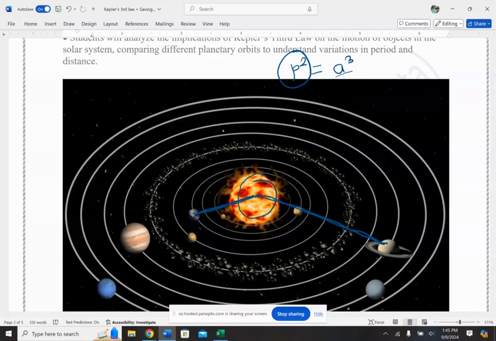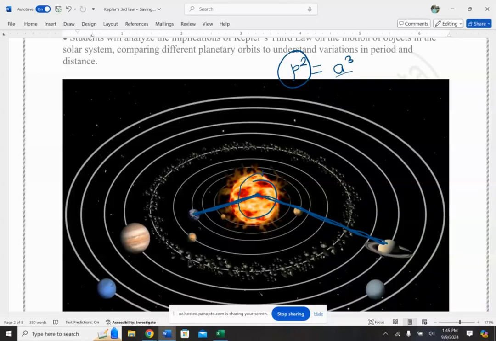If I compare the Earth and Saturn, which has the greater distance? Of course, the distance between the Sun and Saturn is greater compared to the distance between the Earth and the Sun. So that means the orbital period of Saturn must be greater than the orbital period of the Earth.